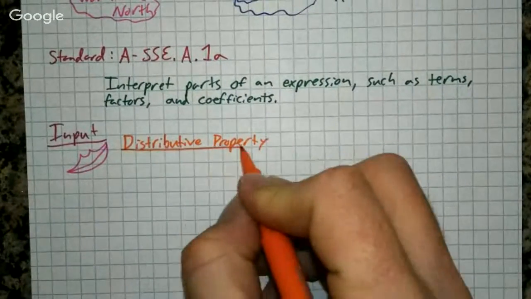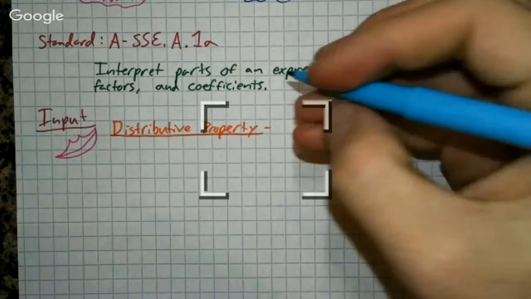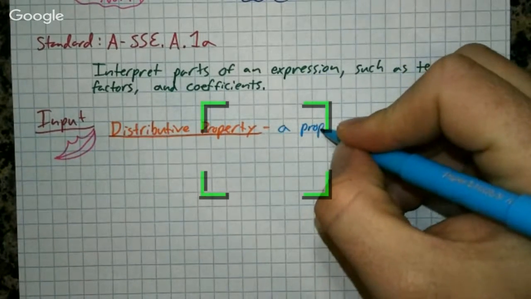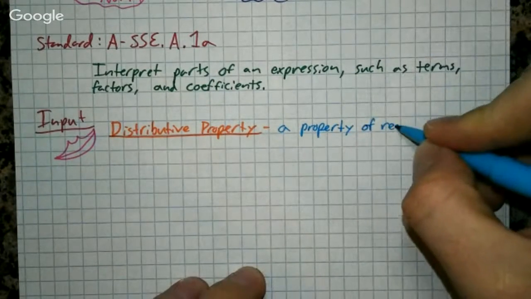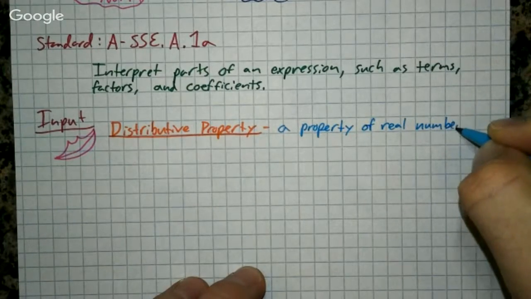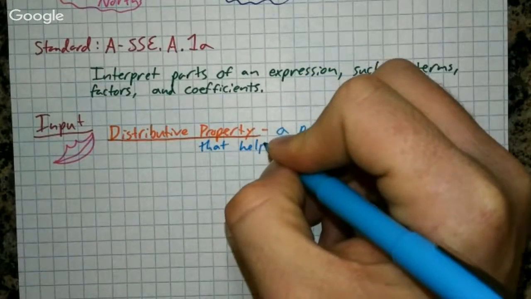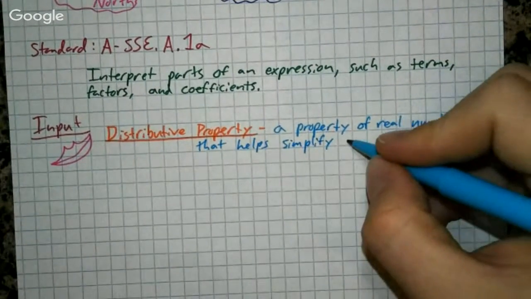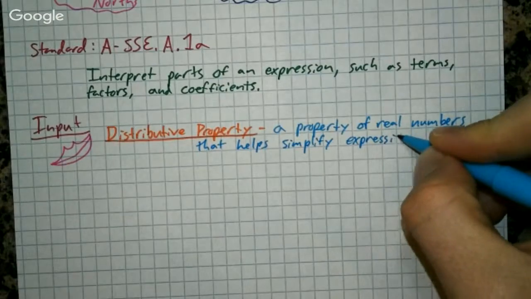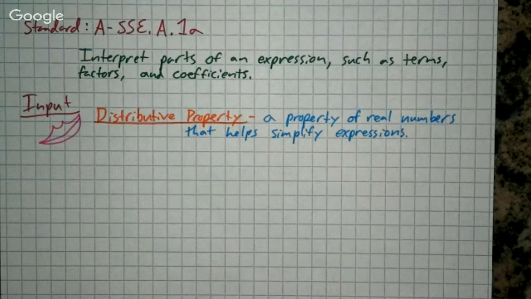The distributive property is a property, surprise, surprise, of real numbers that helps simplify expressions. A property of real numbers that helps simplify expressions.